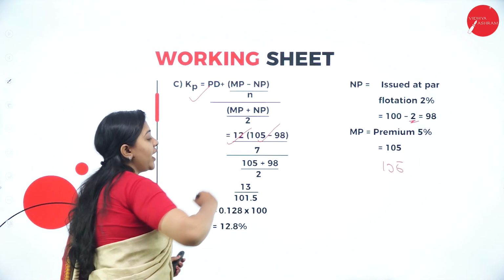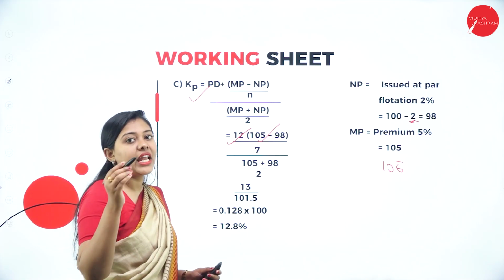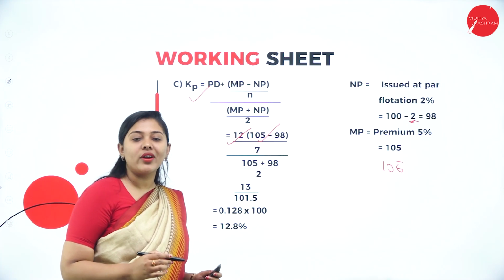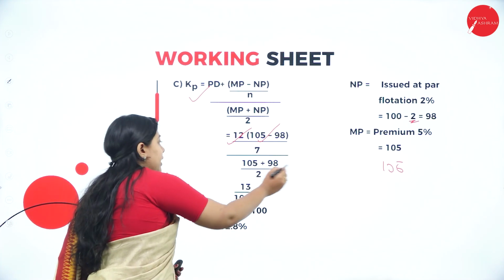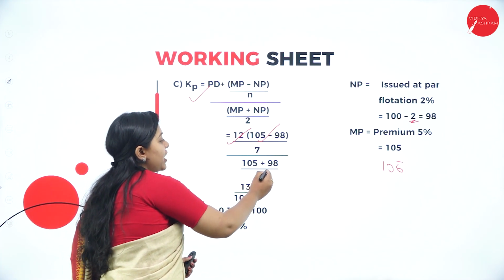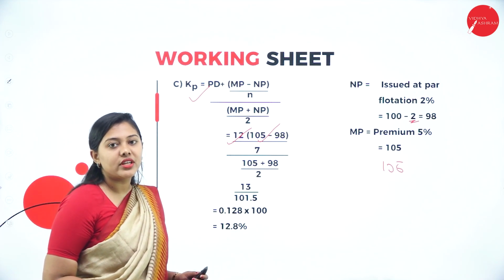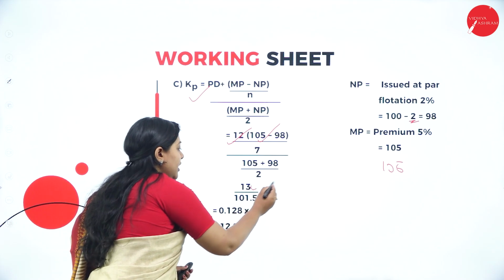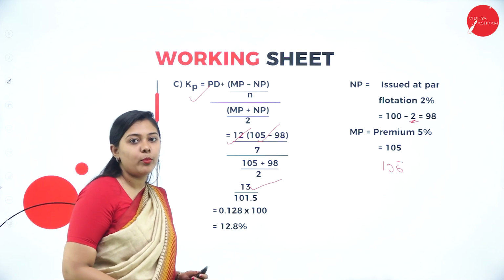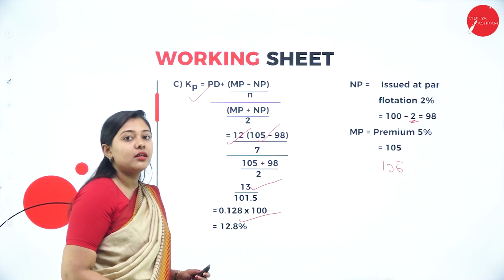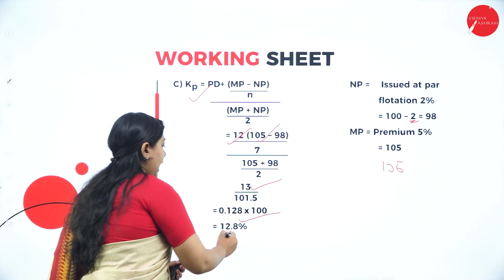So let's substitute that into the formula. 98 is the net proceeds, divided by number of years. What is the number of years? 7 years. Again divided by 105 plus 98 divided by 2. If you put that into the calculator, you get 13 divided by 101.5, and when you convert that into percentage, you will get 12.8%.